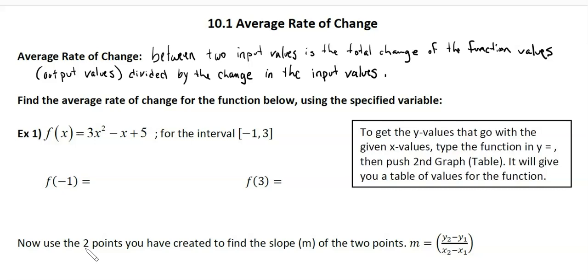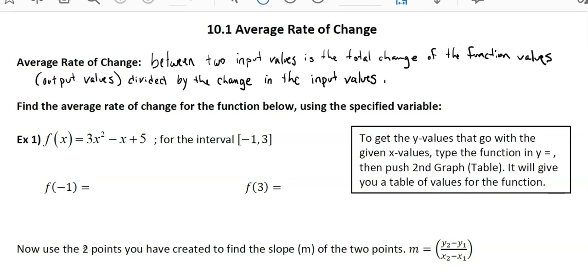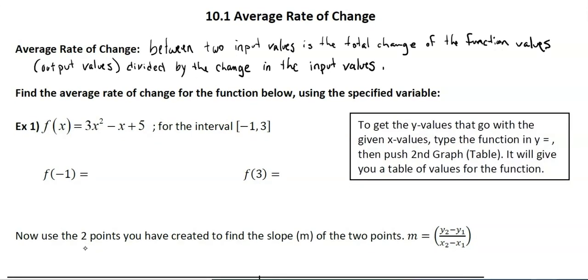F of -1. To find out what that value is, we just put it in for x. So I put 3, and then where there's x squared, I put -1 squared minus, and then x is -1 plus 5.